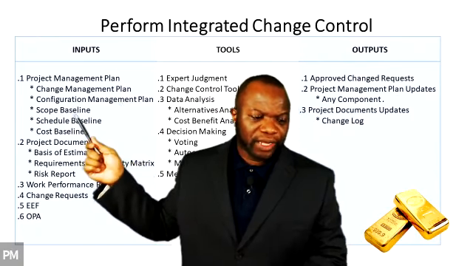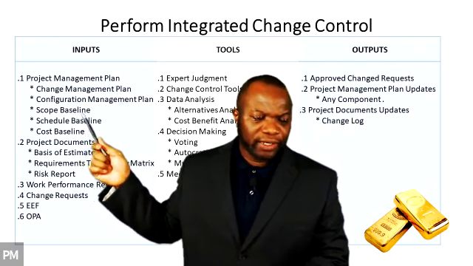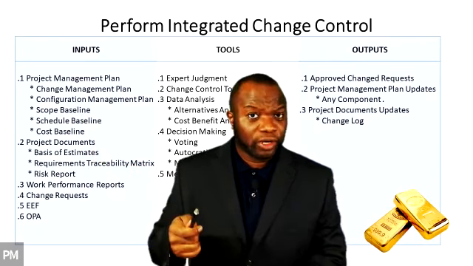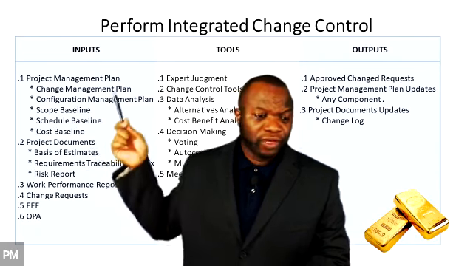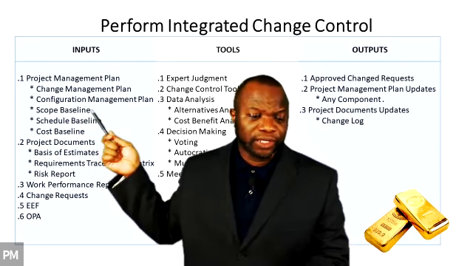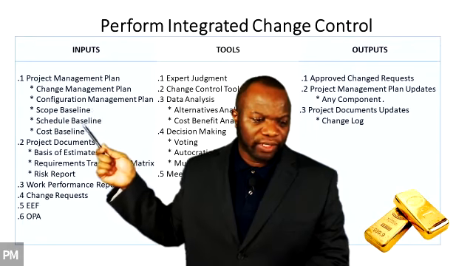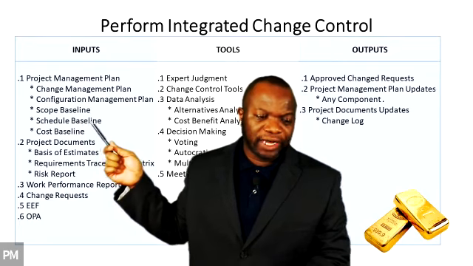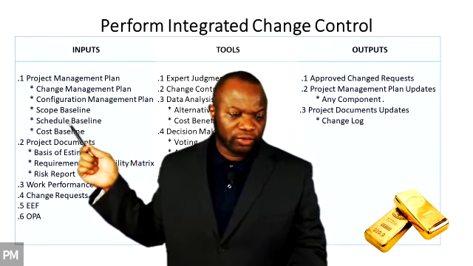The scope baseline, we know what that is, right? It's a baseline against which you manage scope. Now you're going to come across this in chapter 5, but this right here contains your WBS dictionary, and your project scope statement.